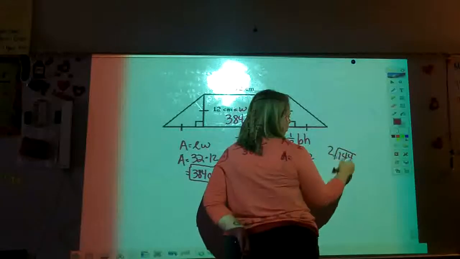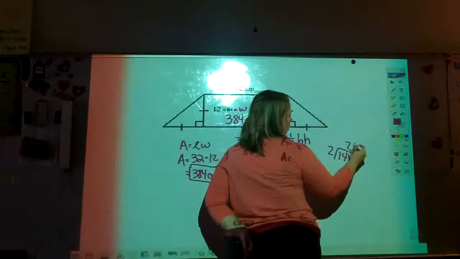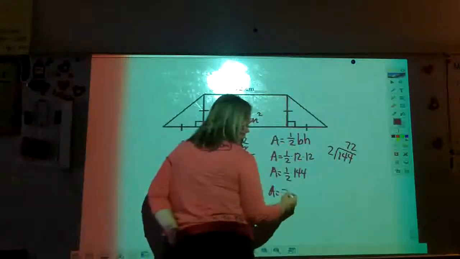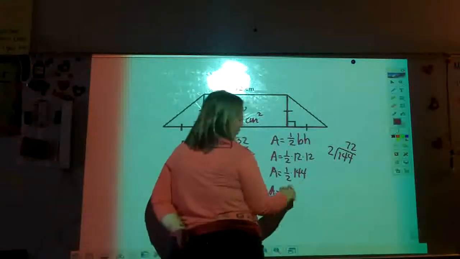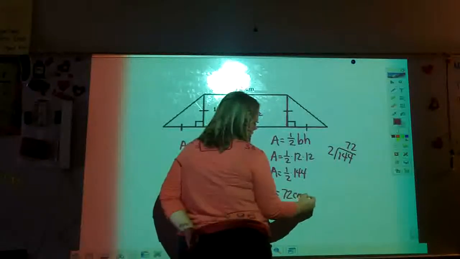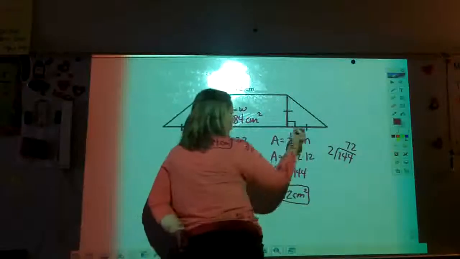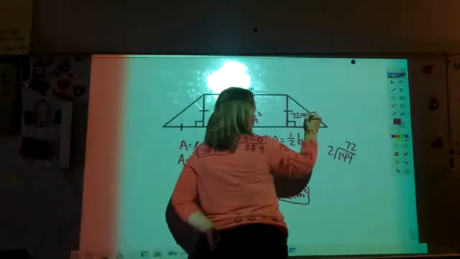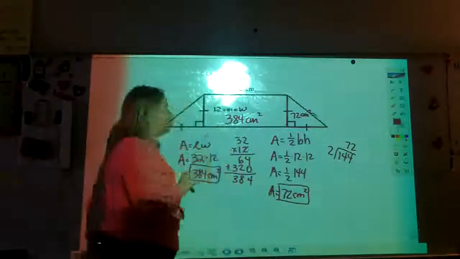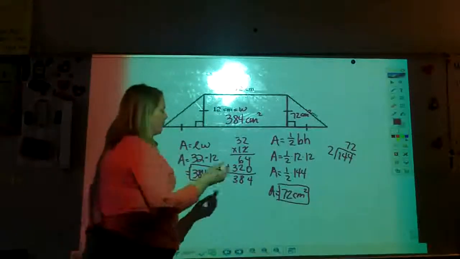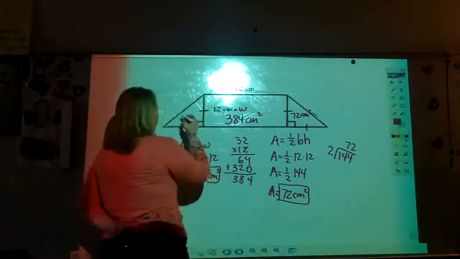Divide by 2. 2 goes into 14 7 times. 2 goes into 4 2 times. So half of 144 is 72. And my unit is square centimeters. Okay, so that is the area of one of my triangles. Now I have two triangles that are exactly the same. So I can multiply that by 2.